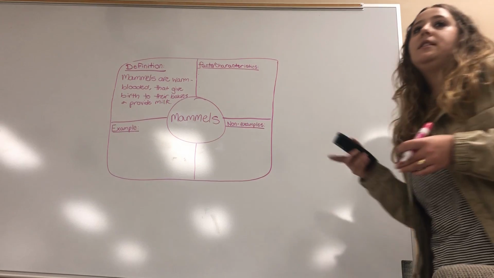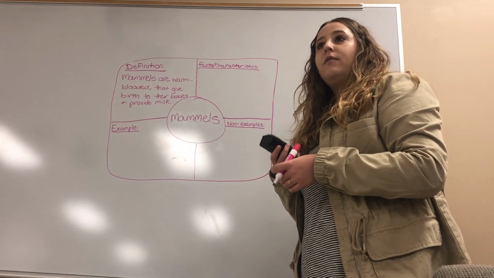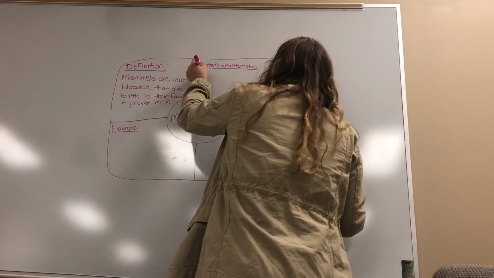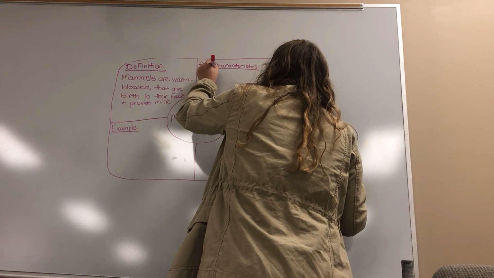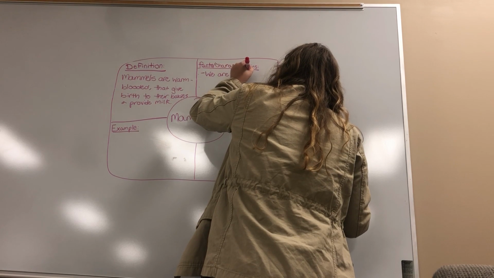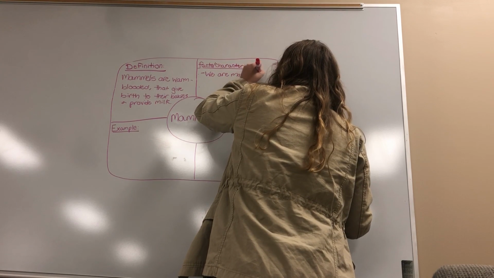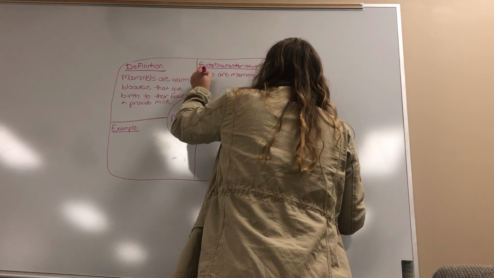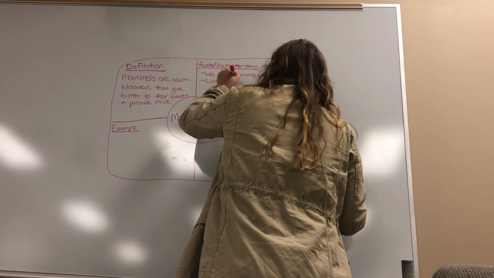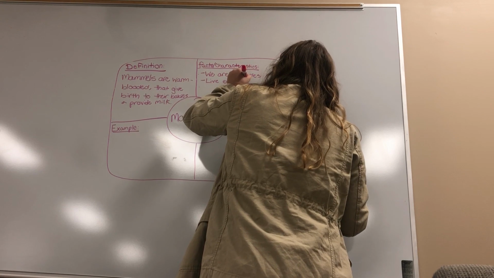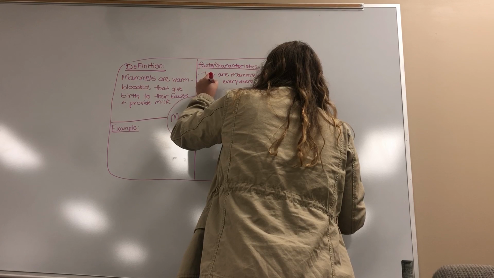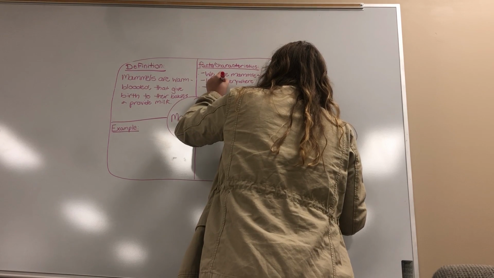Let's do some characteristics. What are some characteristics you can think of? Oh, good. We're mammals, so we are mammals. They can live all over the world, I heard you say. Good job. And they typically have hair or fur. So we'll write that. Hair / fur.